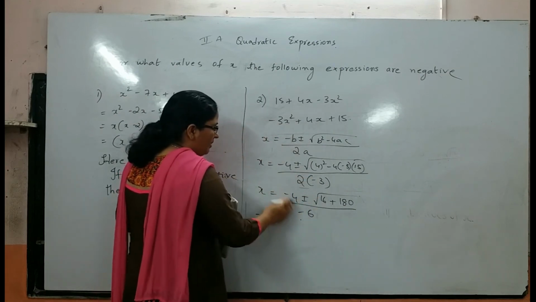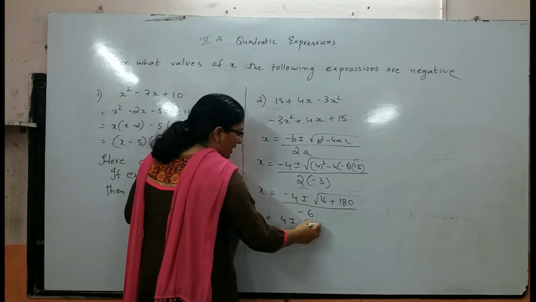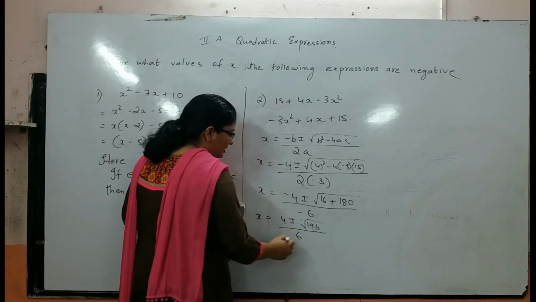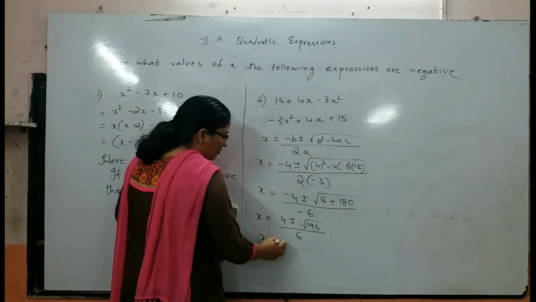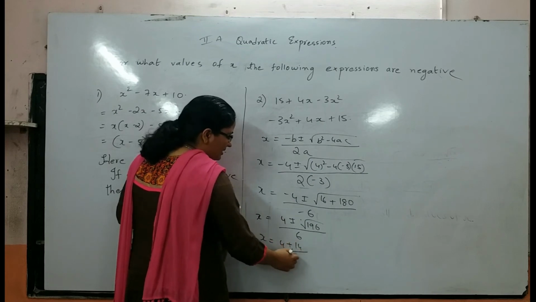x is equal to, take minus sign common, you have (4 plus or minus root of 196) by 6. x is equal to (4 plus or minus 14) by 6, as root 196 is 14.